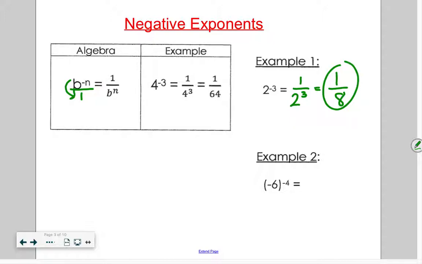In the next one, see how the base of negative 6 is already in parentheses? When we move it to the basement, we have to also make sure that that negative 6 stays inside those parentheses. And instead of a negative 4, it becomes a positive 4 when we move it to the basement. Now, is this going to be a positive or a negative base? Why positive?